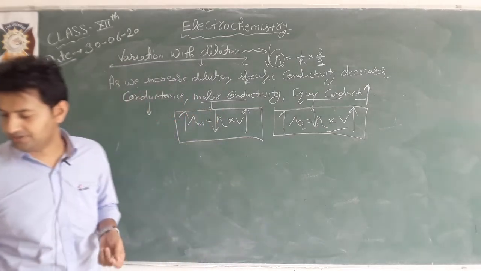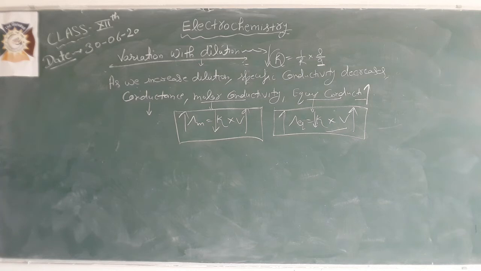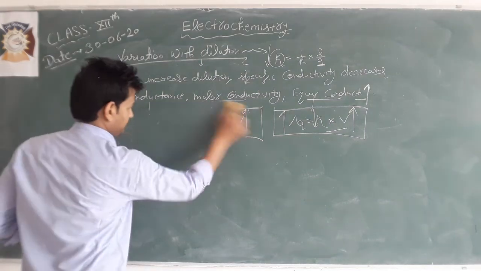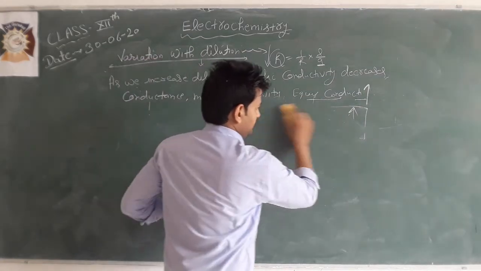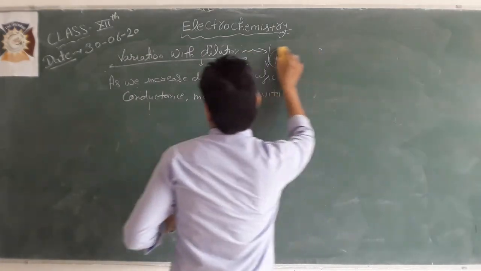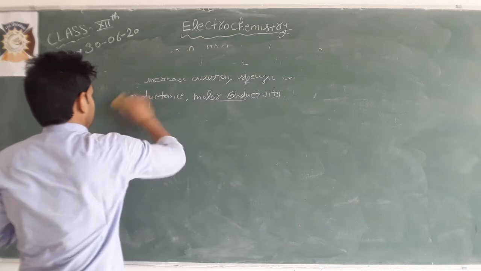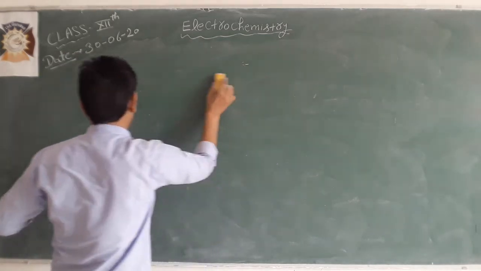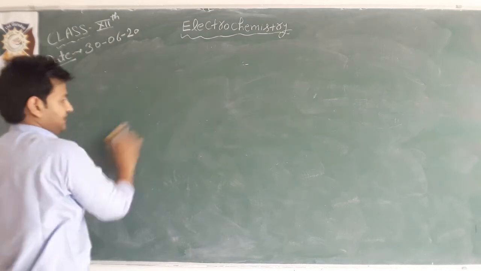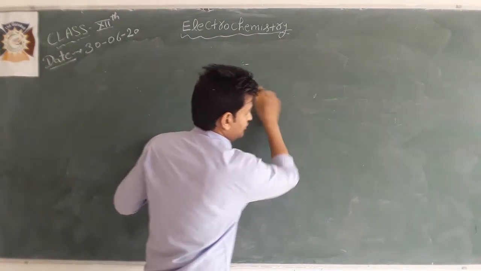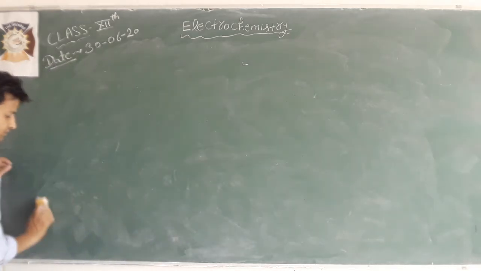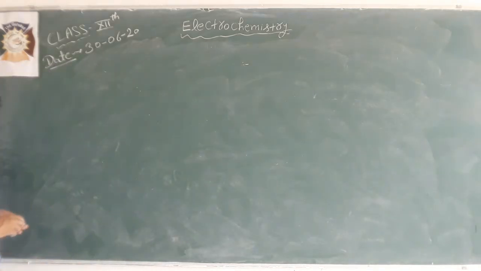Now our next topic is variation of molar conductivity with concentration. Dilution and concentration are reverse to each other. So we have to find out these variations for the two types of electrolytes, strong electrolyte and weak electrolyte.